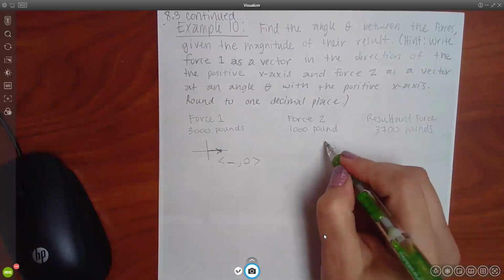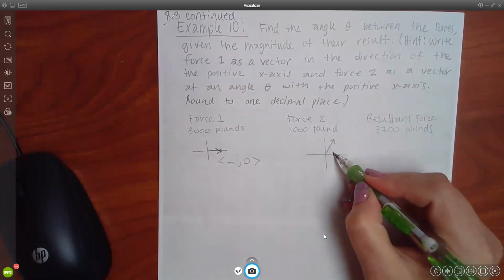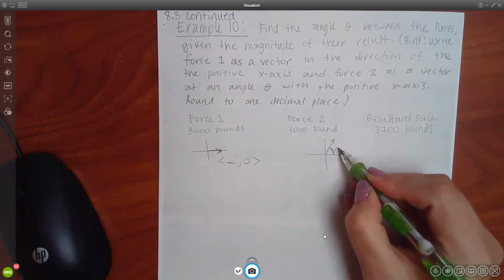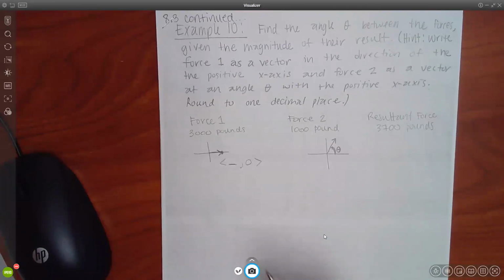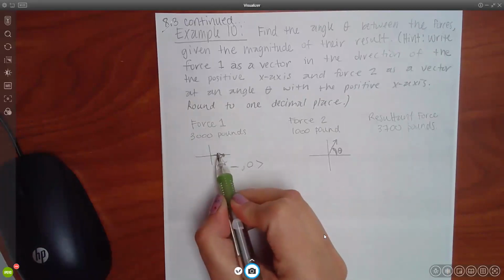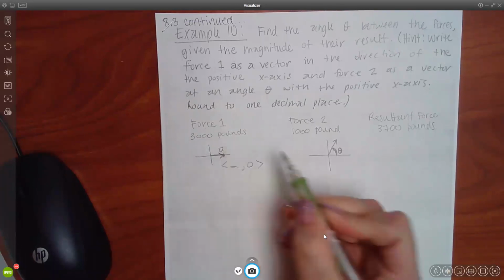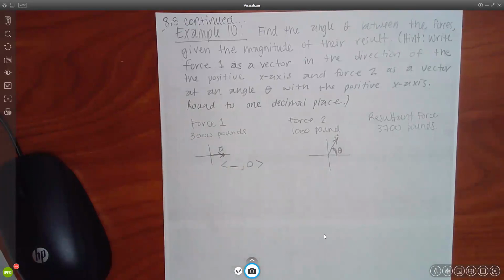But for 2, it's telling me that that one's going to have some kind of angle from the x-axis. So all it's saying is that your angle is here, okay? We don't know what that angle is. We just know that we're going to use theta, and that's it, okay? What we do know is that if force 1 is this, I'm going to call this little vector u, and then call this one v, just to keep them different, to separate them, so we know which one we're talking about.